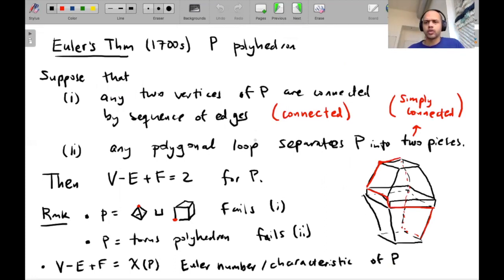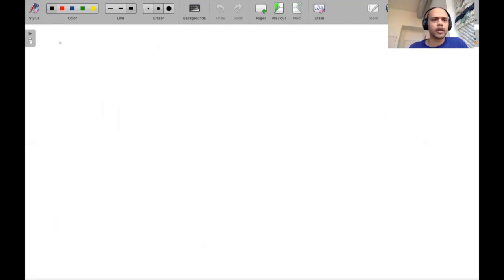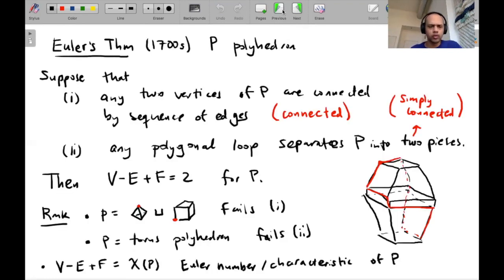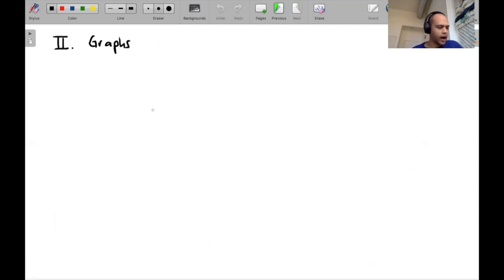Okay, so now I want to switch gears and talk about something a little bit different. The goal over the next couple of lectures is to prove Euler's theorem. And for that, we're going to need to know a little bit about graphs and properties of graphs.